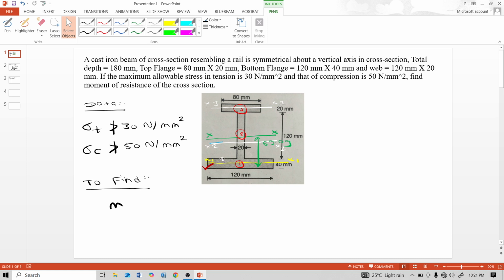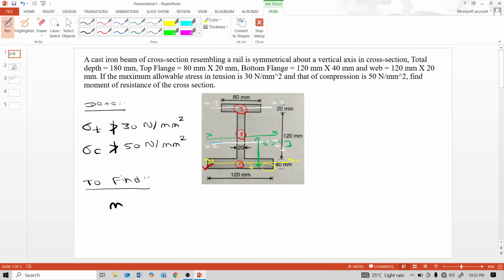The distance between the x axis and x1 axis is 69.09 minus 20 mm, because 69.09 is from the bottom fiber and we deduct this 20 mm.